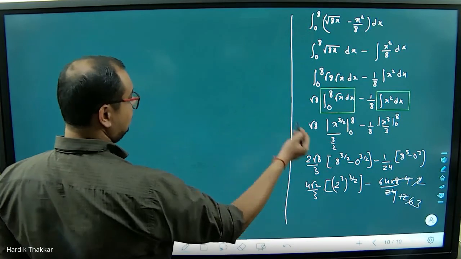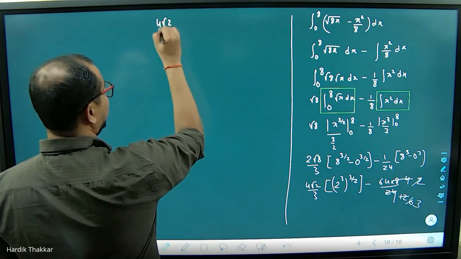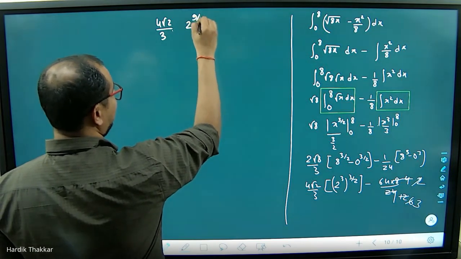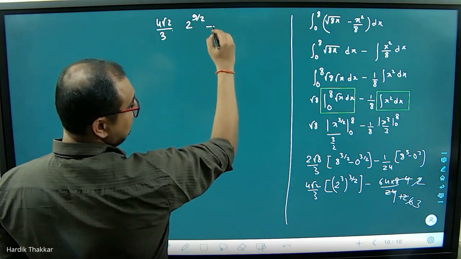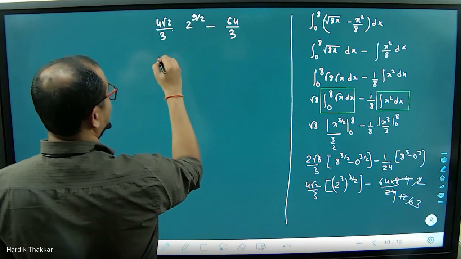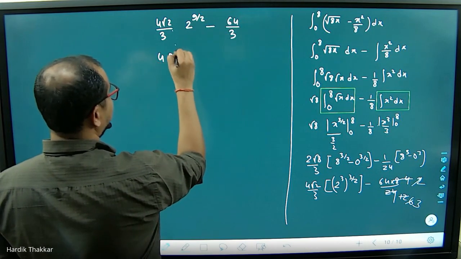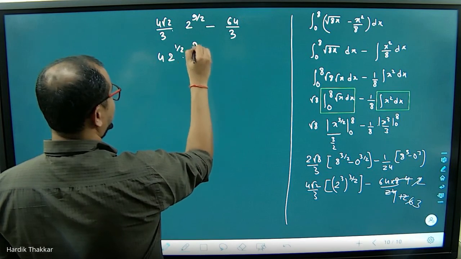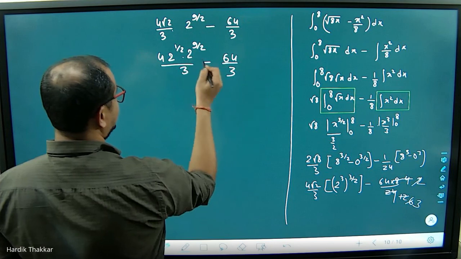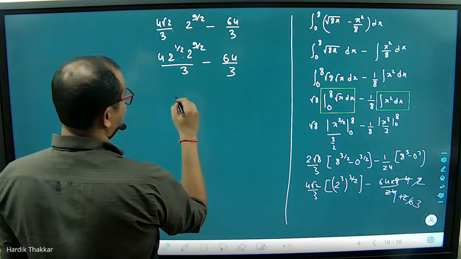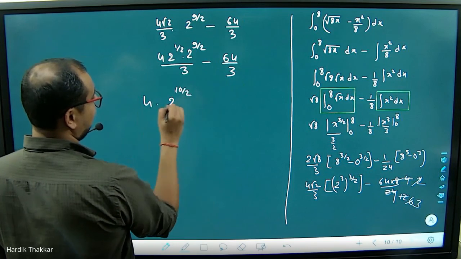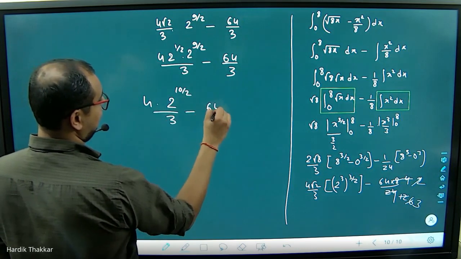So this term will be 4√2 divided by 3 into 2 raised to power 9/2 minus 64/3. And we can write 2 into 2 raised to power 1/2 into 2 raised to power 9/2 upon 3 minus 64/3. Further, the powers of 2 will be added, and it will be 4 into 2 raised to power 10/2 upon 3 minus 64/3.